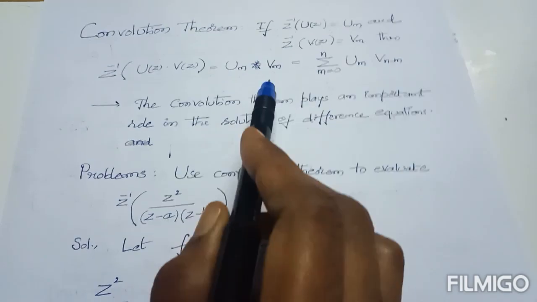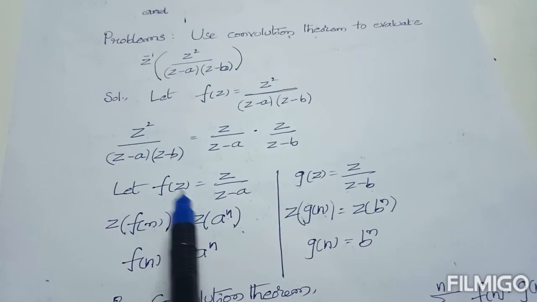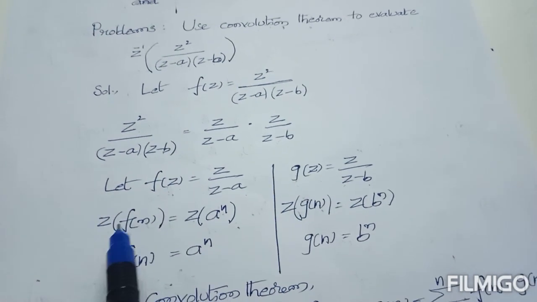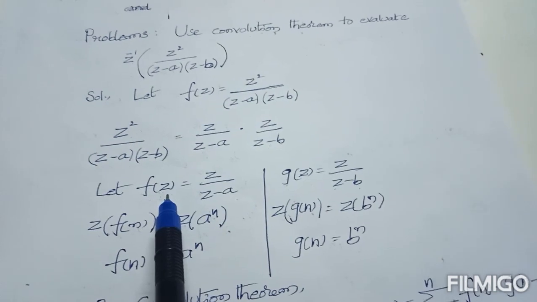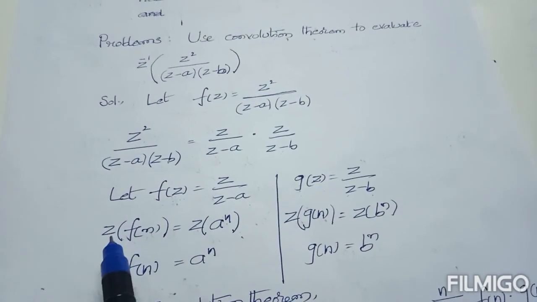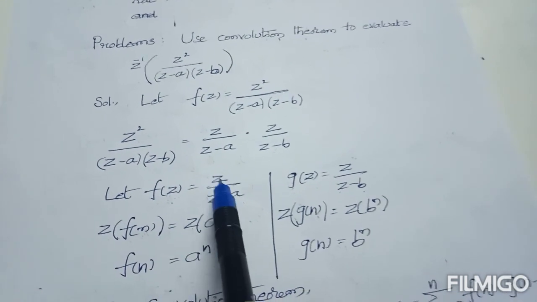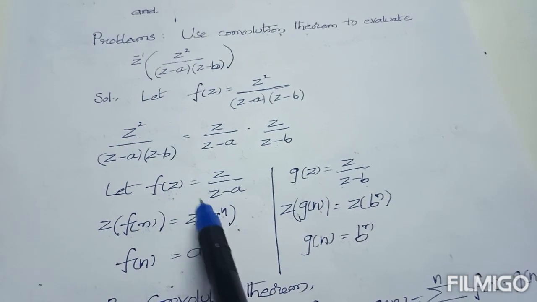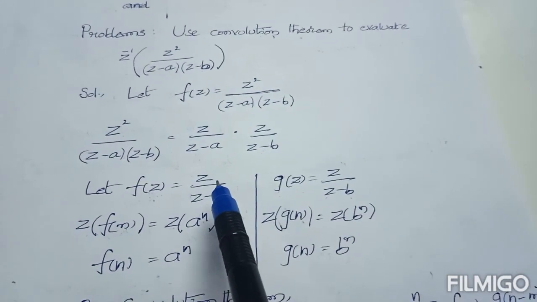Next we need sequences. Here f(z) actually means the z transform of f(n). As per the standard definition of z transform, f(z) equals z of f(n), or z of f(n) equals f(z). And z by z minus a is a standard formula; I gave the list of formulas in the previous class.